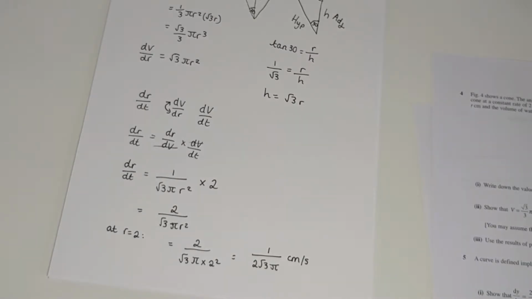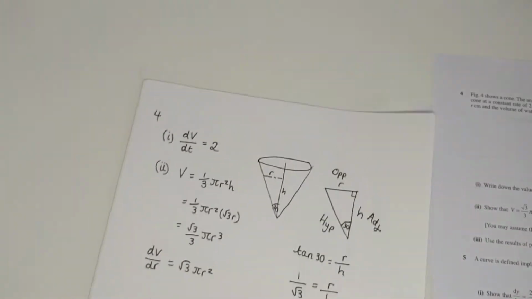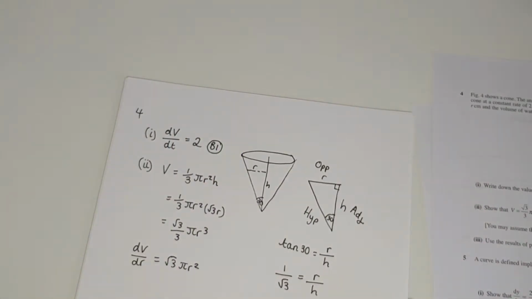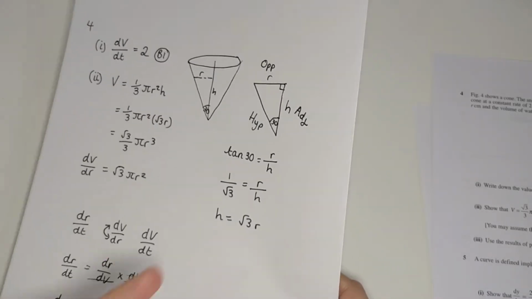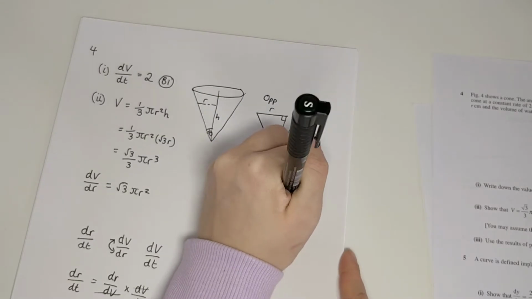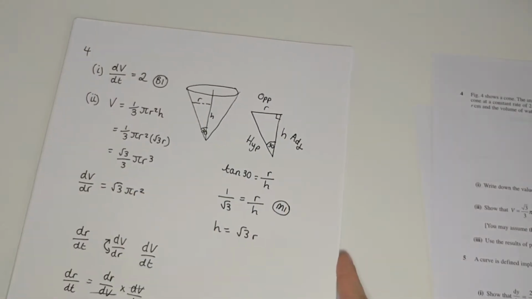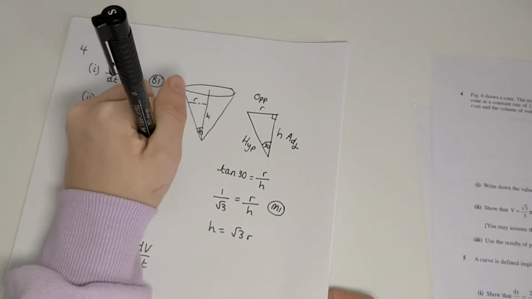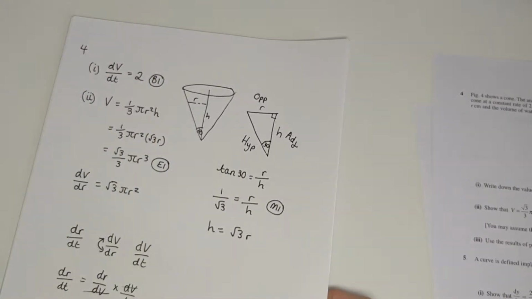Okay, mark scheme. Let me find it. B1 for that. M1 for the relationship between r and h. E1 for getting the answer, because it was given in the question.